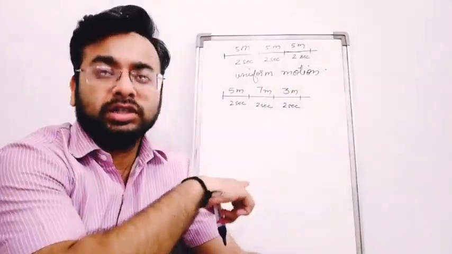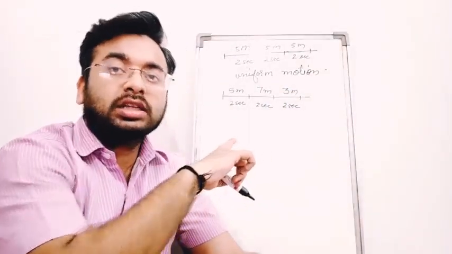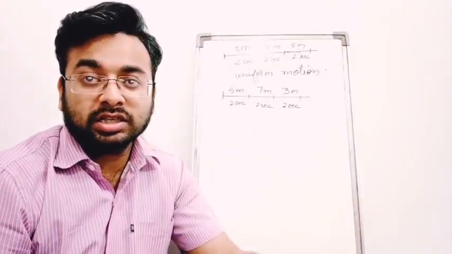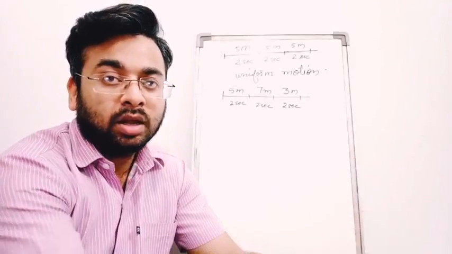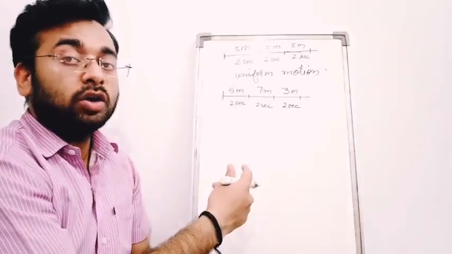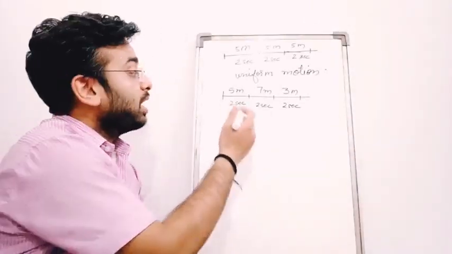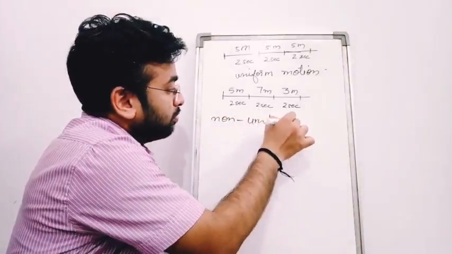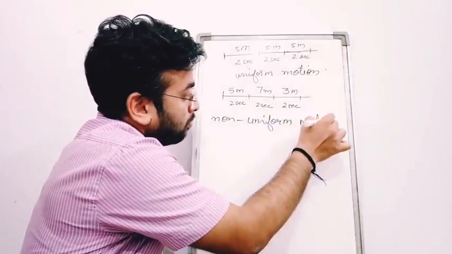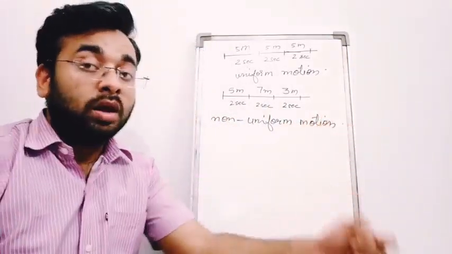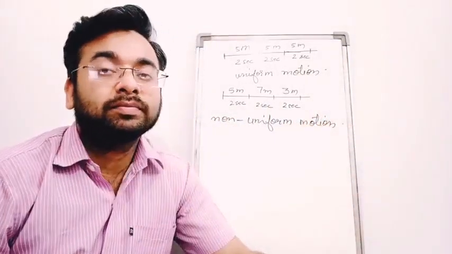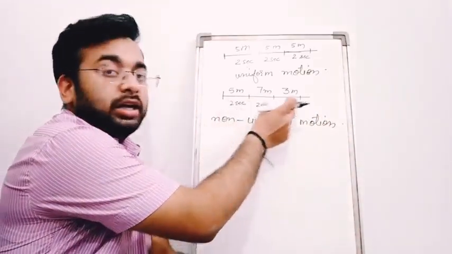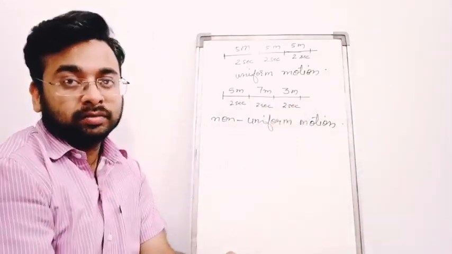So in this example you can see that this person has covered unequal distances in equal interval of time. So such situations are termed as non-uniform motion. Now you can obtain the speed as well for every interval, right?